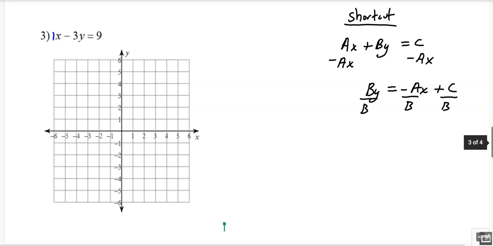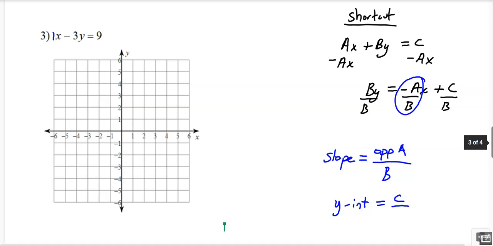And that gives us a shortcut. The shortcut is the slope is always opposite the a term. If it's negative, you do positive. If it's positive, you do negative, over the b term. And then the y-intercept is always going to be c over b.